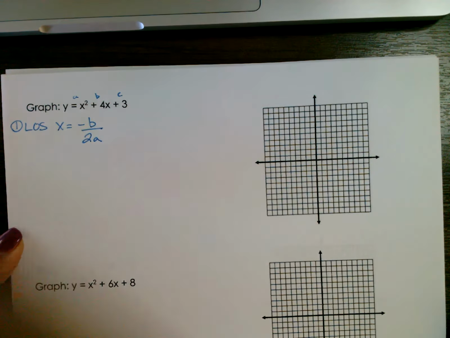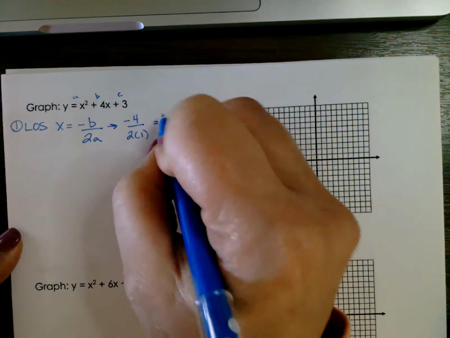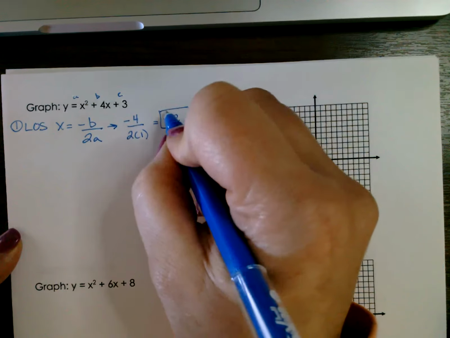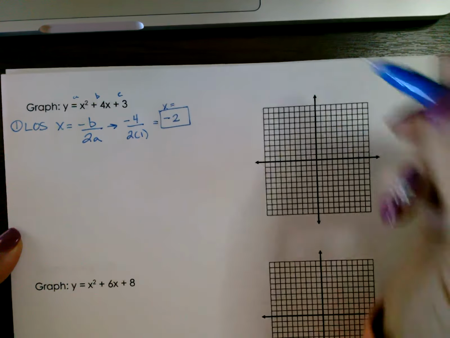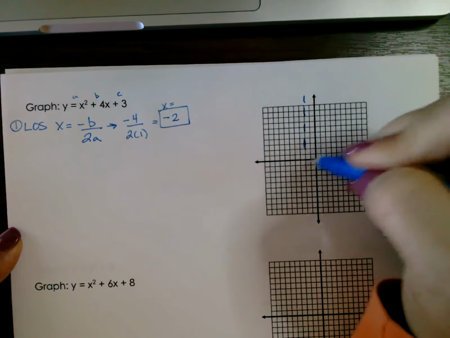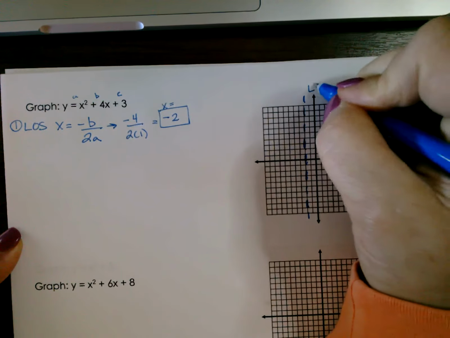Opposite of 4 divided by 2 times 1. That would get me negative 2, where x equals negative 2. So I'll go to where x is negative 2, draw in my line of symmetry.